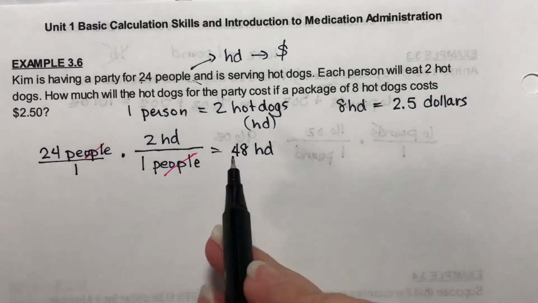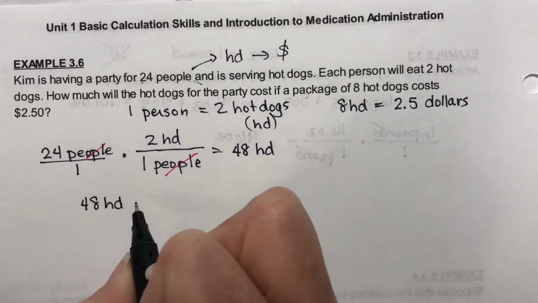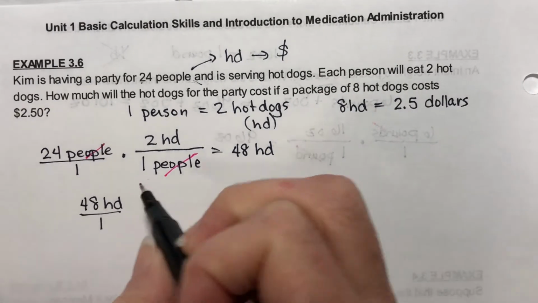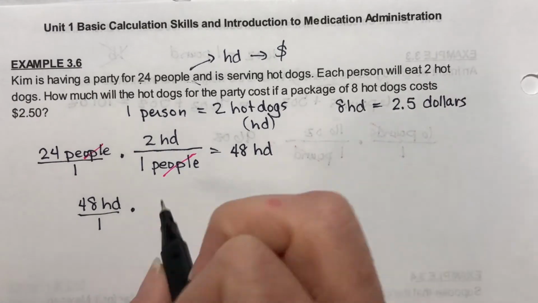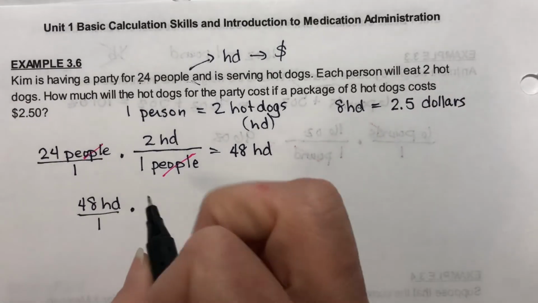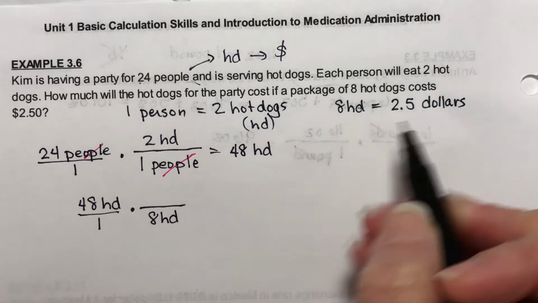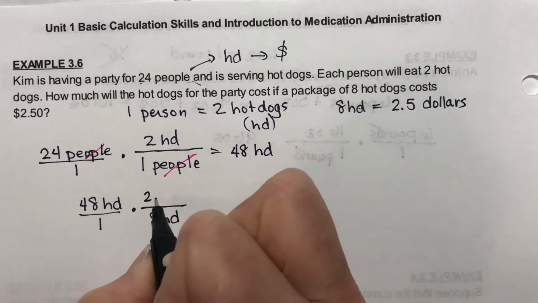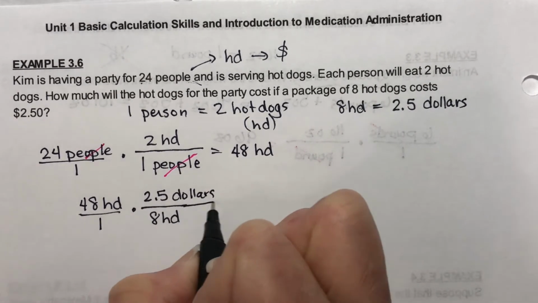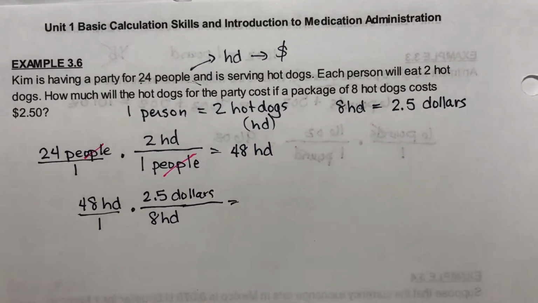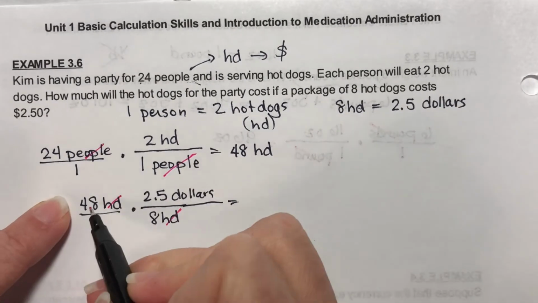Okay, now let's convert this. 48 hot dogs over 1 times 8 hot dogs, put it in the denominator, under $2.50. The hot dogs cancel, and I can reduce the 48 and the 8.